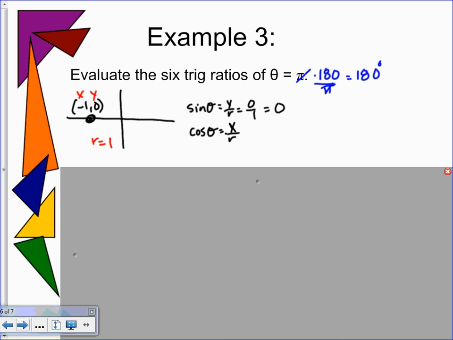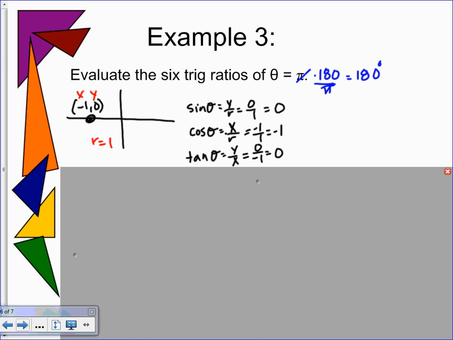So that's negative 1 over 1, or negative 1. The tangent of theta is y over x. So 0 over negative 1 equals 0. When you do quadrantal angles, you're going to get lots of zeros, lots of ones.